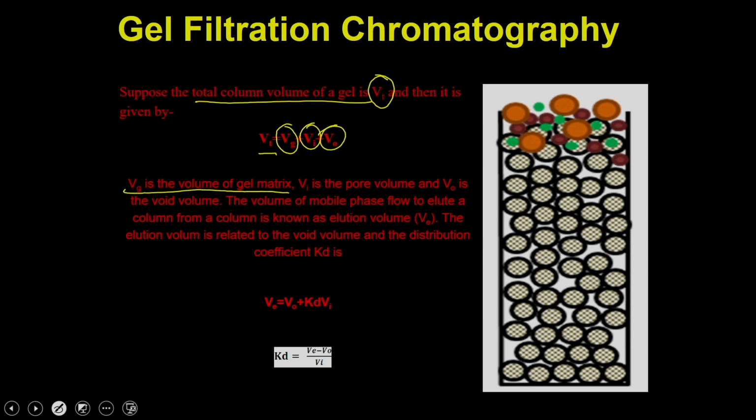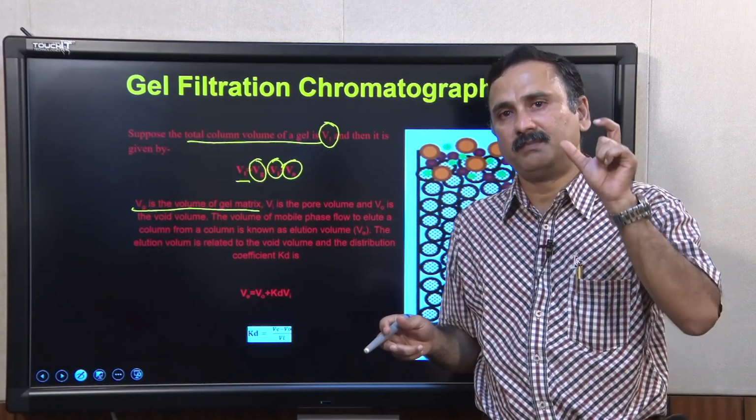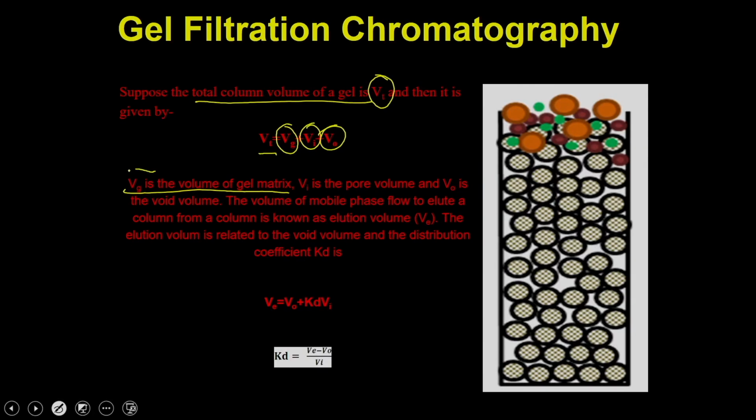Vg is the volume of the gel matrix, which means suppose you have taken 10 ml of the gel, the beads. So, this is the volume of the beads.